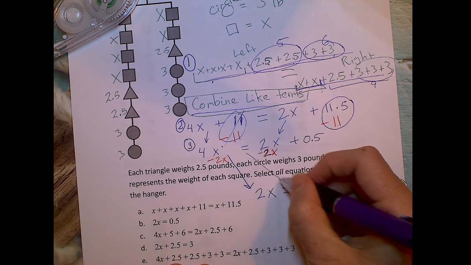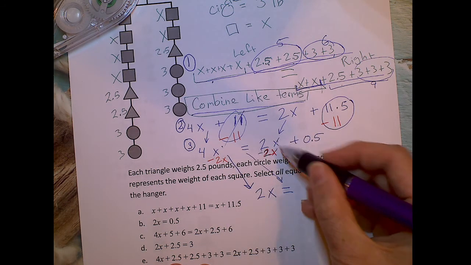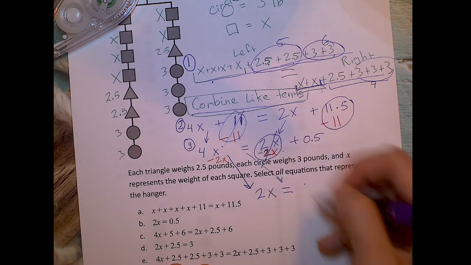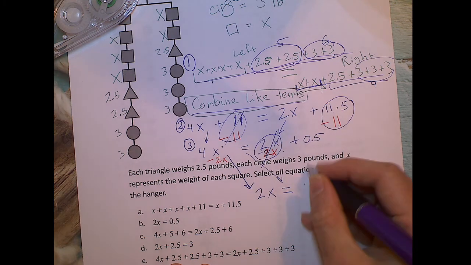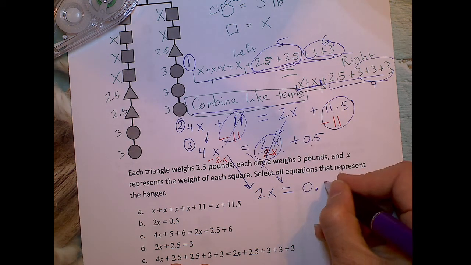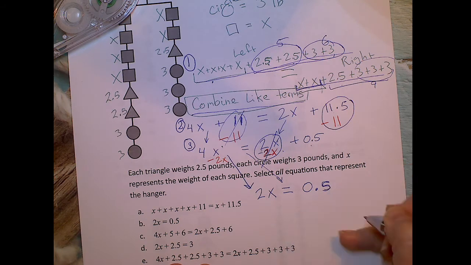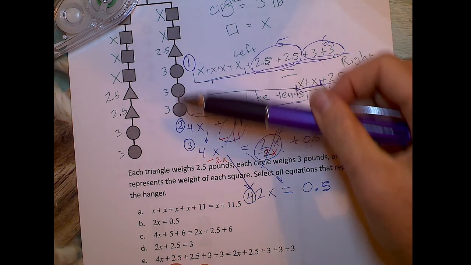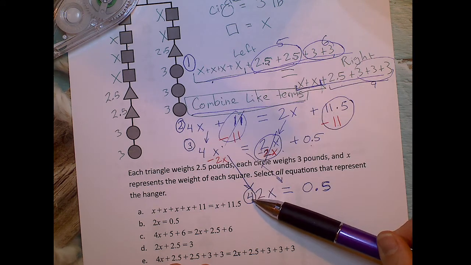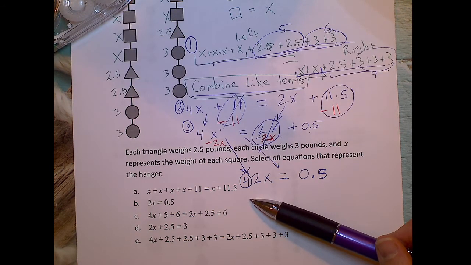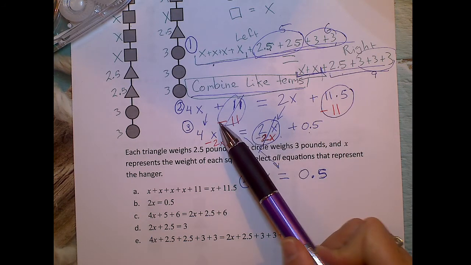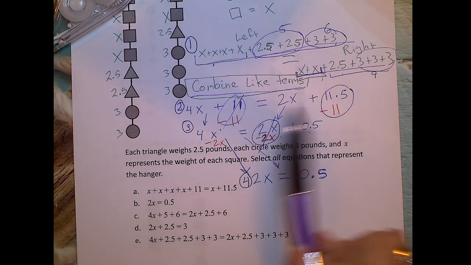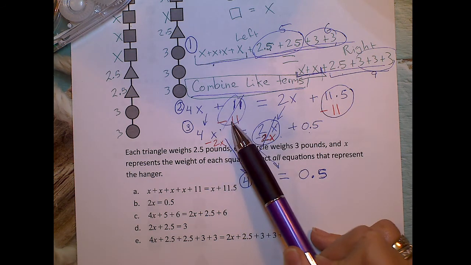Bring down your equal sign here. 2x minus 2x equals 0x. It just kind of goes away. It cancels out. So I'm left with this 0.5. So that's another equation. Here where I have equation 1, 2, 3, 4, they are all equivalent equations. I can subtract equal amounts from the left and right side, and my equation stays balanced.